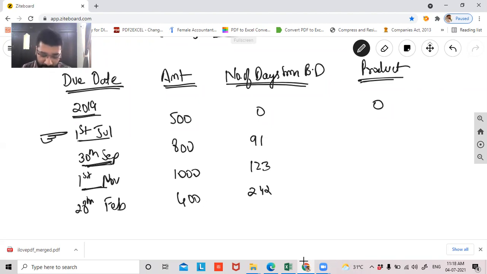So 800 into 91 plus 1000 into 123 plus 400 into 242, that is the MRC, which gives 2,92,600.